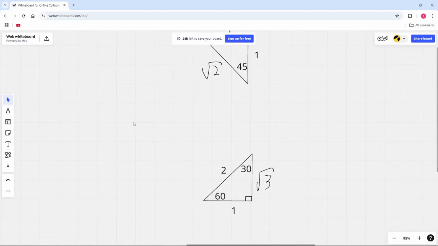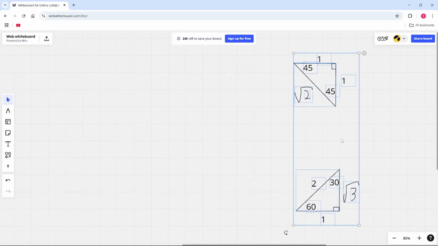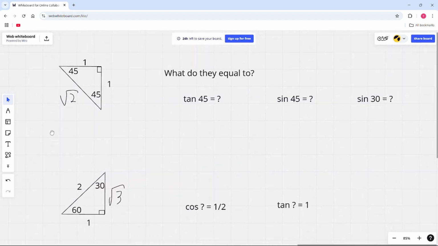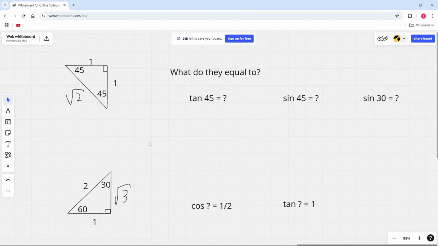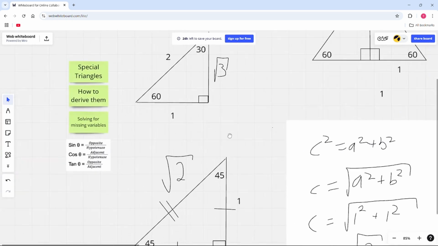Now let's use these special triangles to be able to solve for specific problems over here. To be able to solve for our primary trig ratios, we have to actually use SOHCAHTOA.